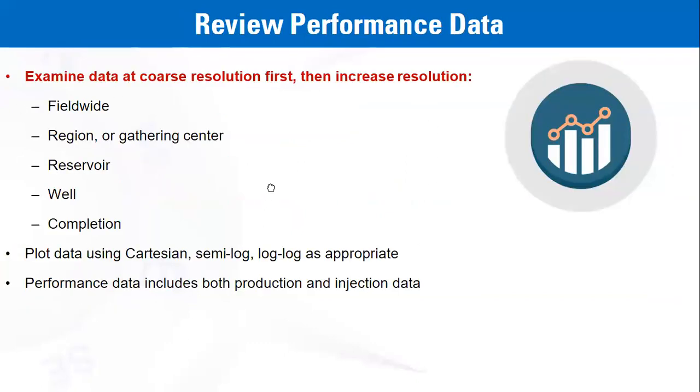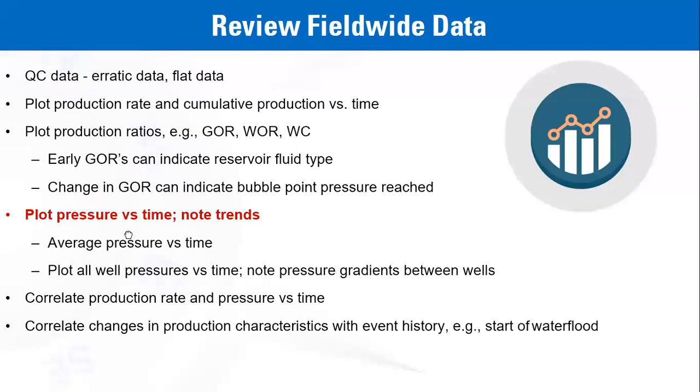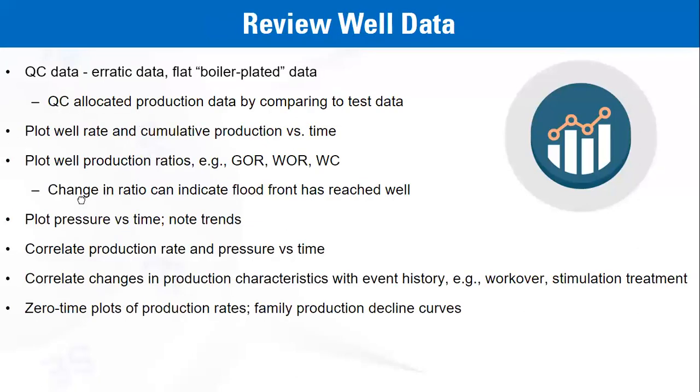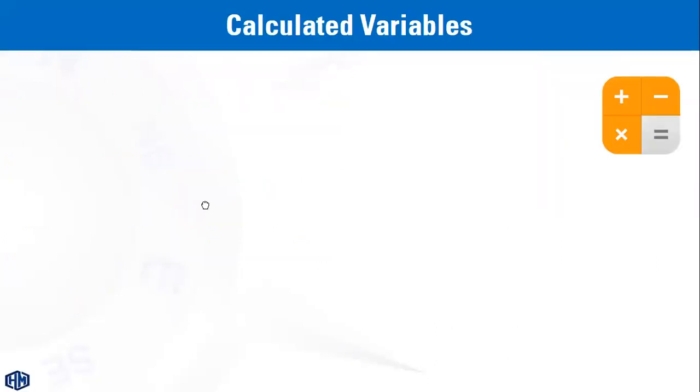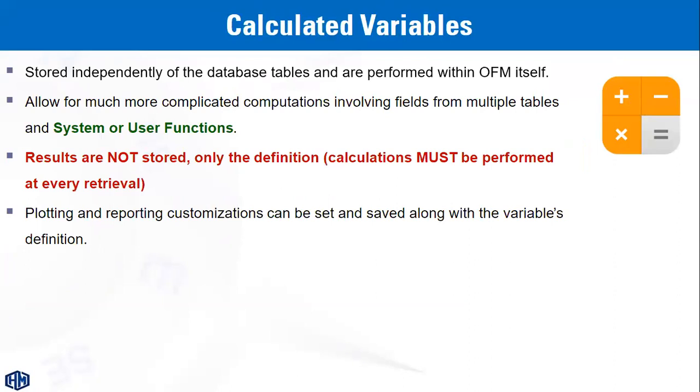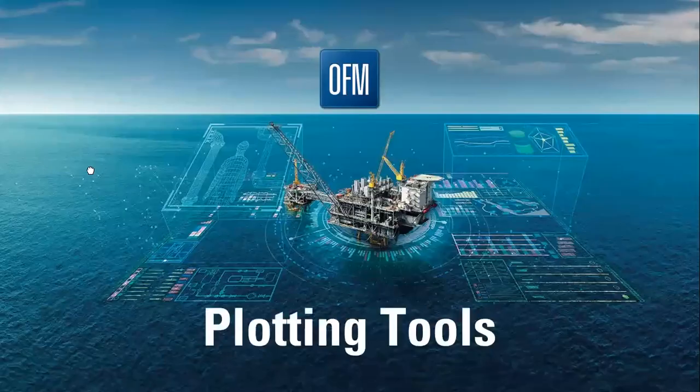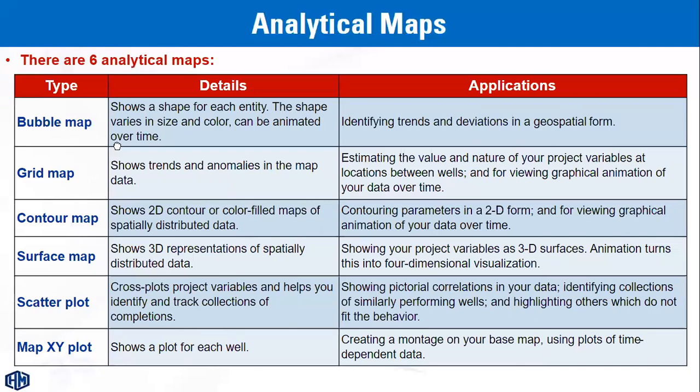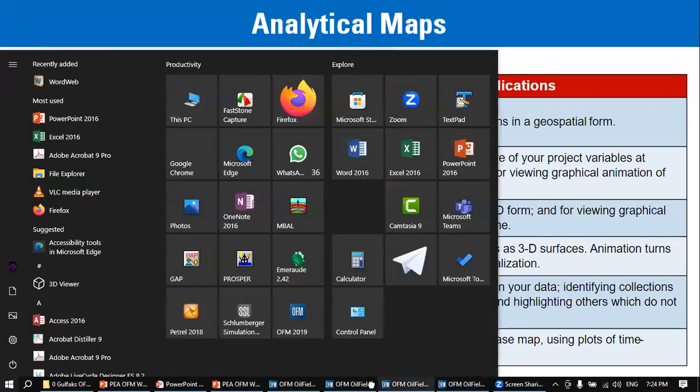Next, all of this data can be analyzed on different levels using different types of plots, and also we can QC the production trends, specifically the production ratios, gas oil ratio, water oil ratio, and water cut. Based on this data, we can make calculated variables based on the required tools. So we have different analytical mapping tools available in OFM.